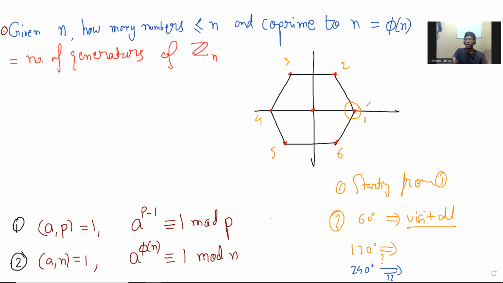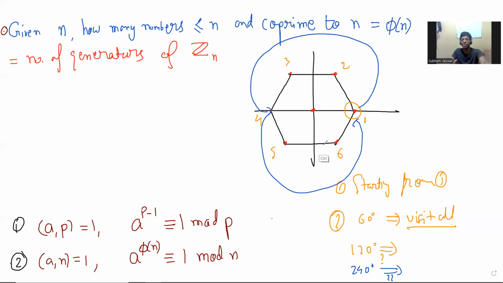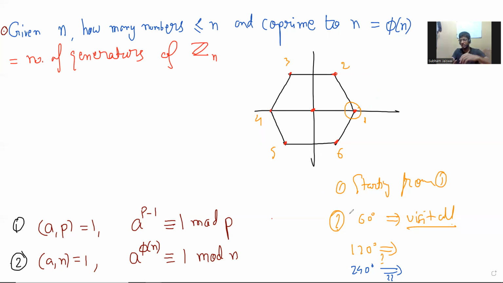Why is it that? Because we will go to 4, and then you'll go back to 1. So sorry, certainly that doesn't work. So now what I'm asking is, what degrees work? So 120 and 240.